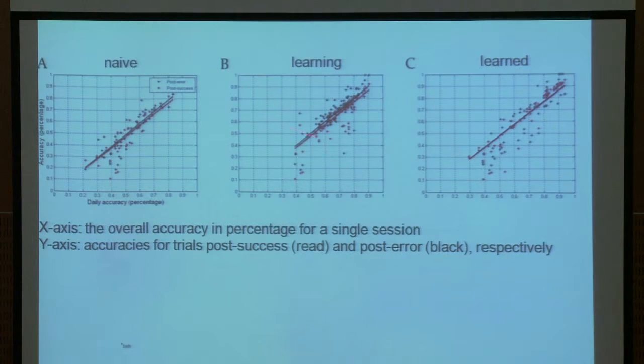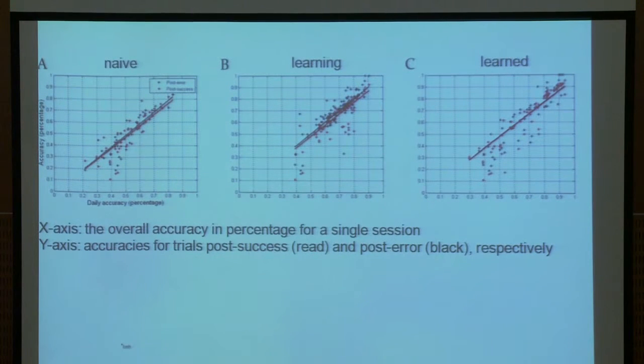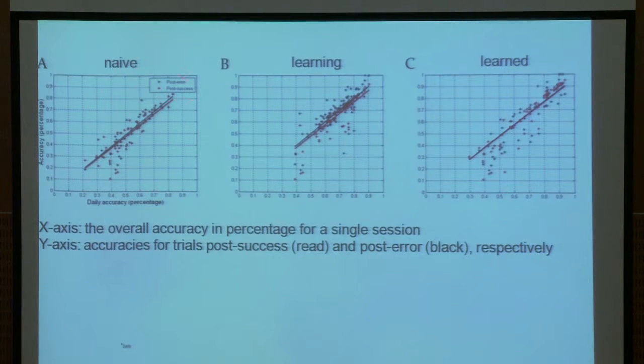This one you do see error correction. Error correction means I have two trials. If in the previous trial I make a mistake, then I realize I made a mistake. I better think about my mistake, analyze it, and in the next trial I make corrections. And this is shown here. Red is post success. The black is post error.